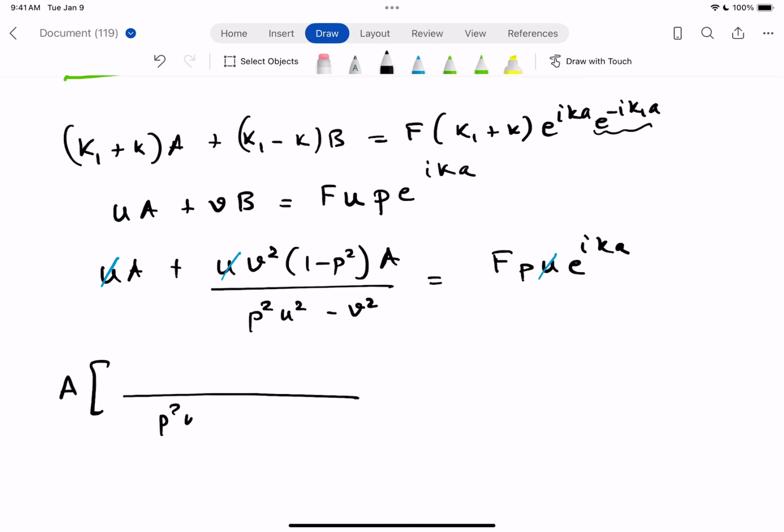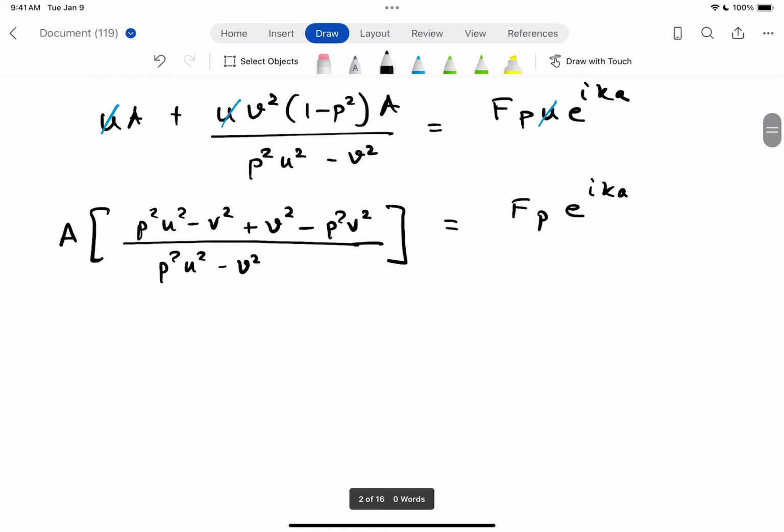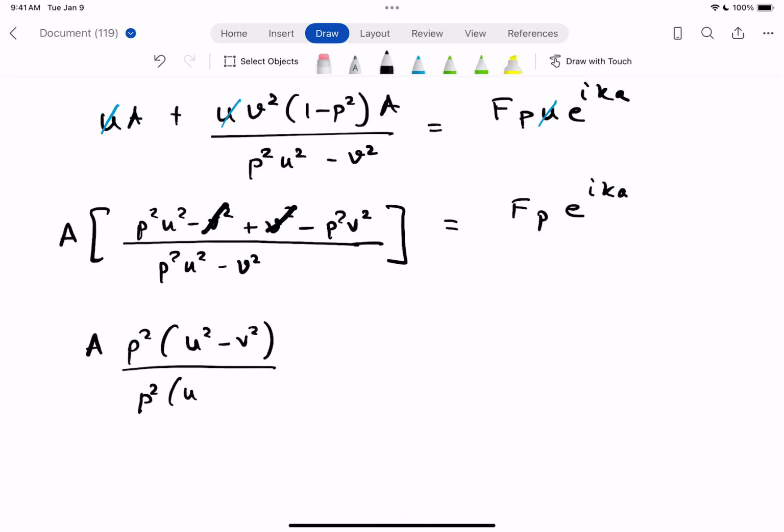So p square u square minus v square, and then p square u square minus v square plus v square minus p square v square, okay, is equal to f p e to the power of I k a. All right, these two cancel, so I can write a times p square u square minus v square divided by p square u square minus v square is equal to f p e to the power of I k a. One of the p's cancels over here.